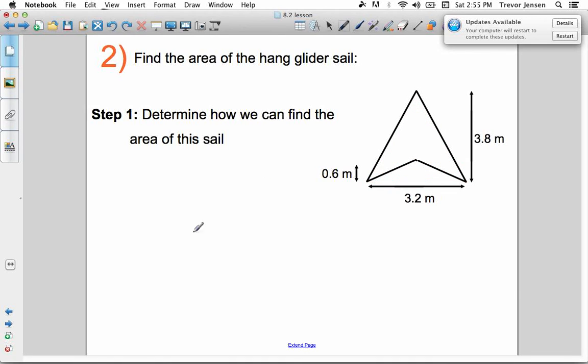Okay, so determine how we can find the area of the sail. What I'm going to do is find the area of the big triangle that I constructed. So I'll draw it below and label what I know. I know the base of it is 3.2 meters. Let me just zoom in a bit here.